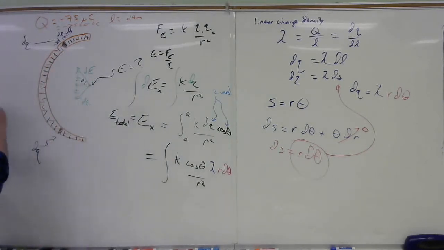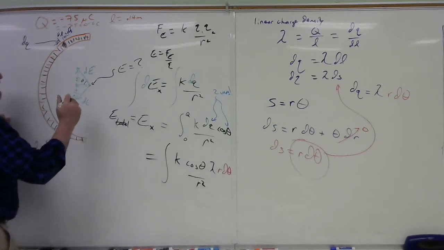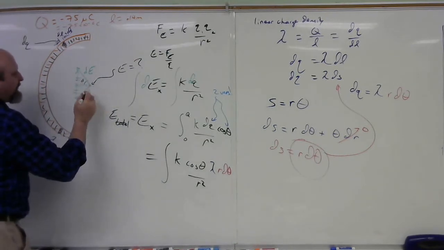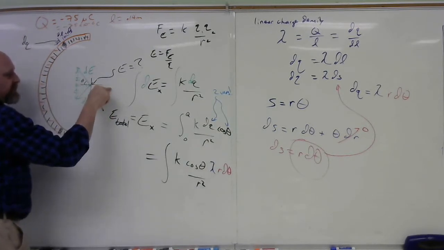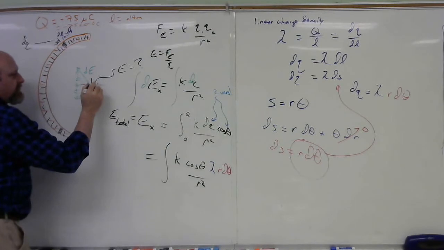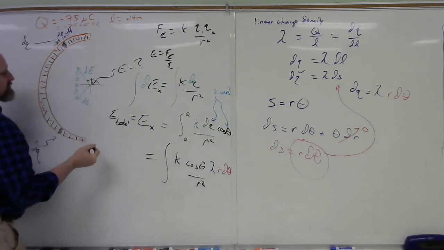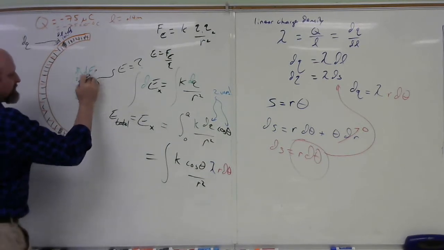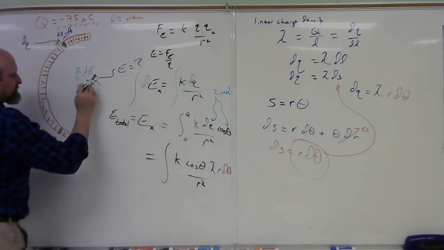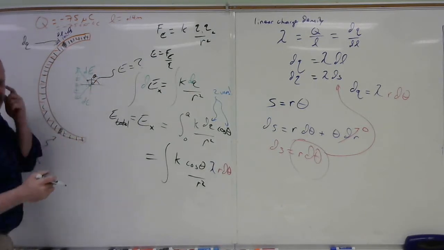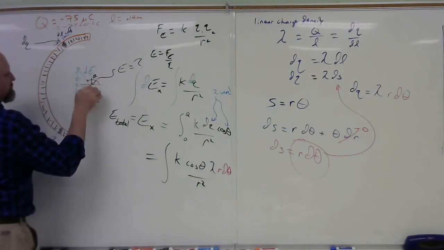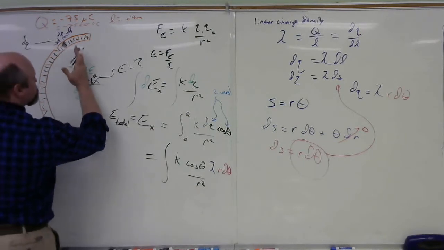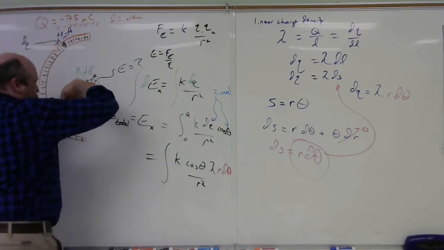So what angle should we call this? When I did this before, I defined my angles from the reference angle on the right here. And so my theta here actually would have been this. But the cosine of this big angle theta is the same as the cosine of this little angle here, just the sign flips or whatever. But anyway, I'm going to go from this angle, from here to here.